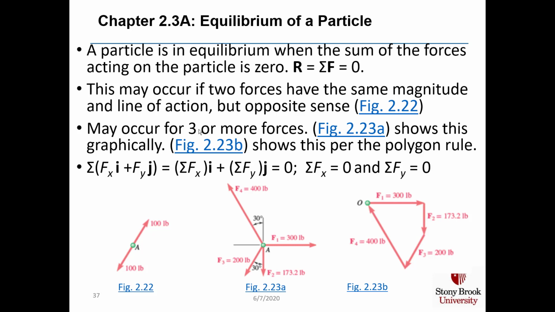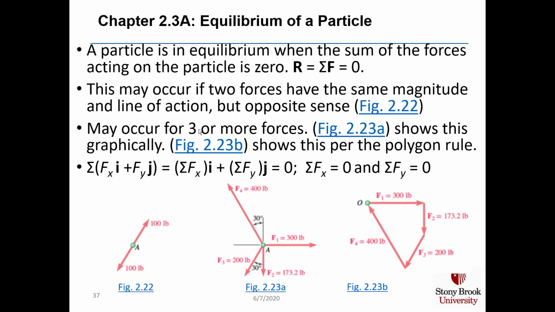This may occur if two forces have the same magnitude and line of action but opposite sense, as shown in figure 2.22 in the lower left, where a 100-pound force one way opposes a 100-pound force going in exactly the opposite direction. It may occur for three or more forces shown in figure 2.23a, which shows this graphically.